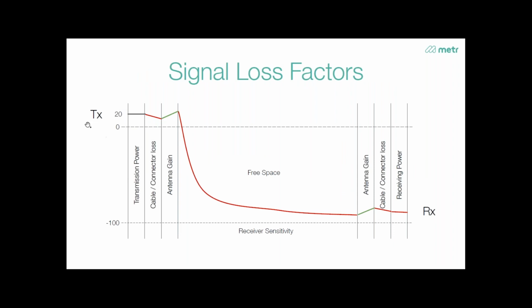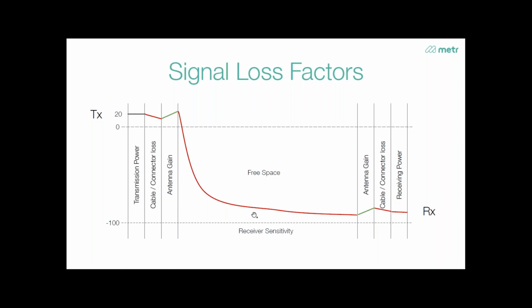You have a machine or a device, your IoT device, with transmitting power, TX, on the left-hand side, where we start with 20 decibels, for example, in our case. This is our transmission power. Then you calculate a certain cable loss, depending on how long your cable is, of course, and you get an antenna gain that gains some power again.